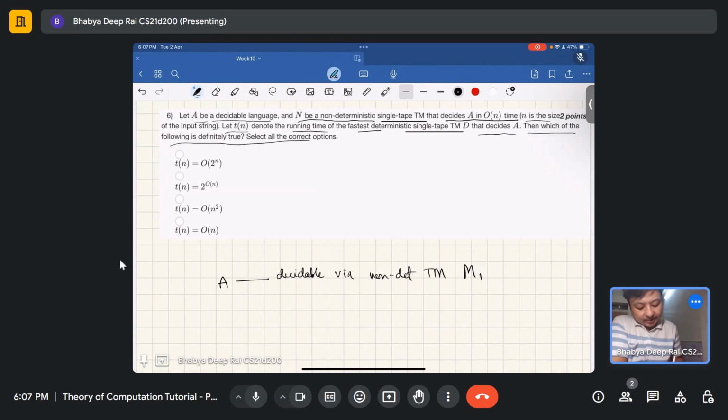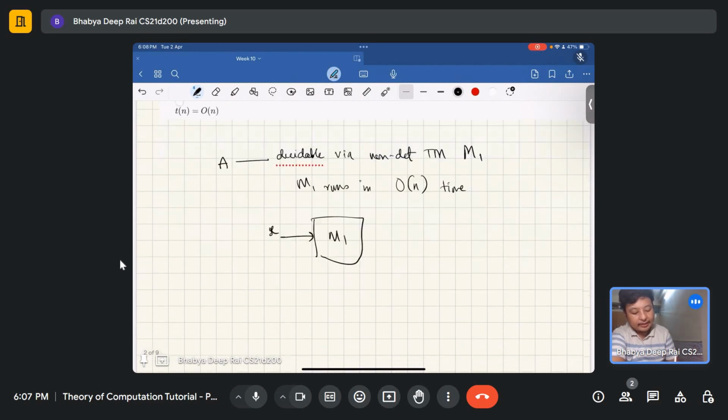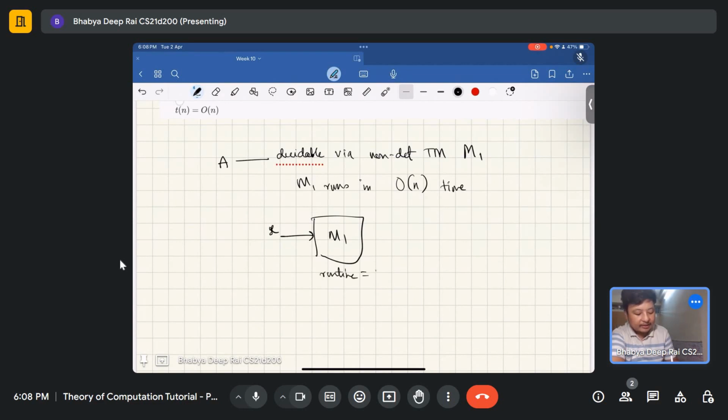M1 runs in order n time, linear time. So this is some M1 that takes an input X, and M1 takes a runtime equal to order n.